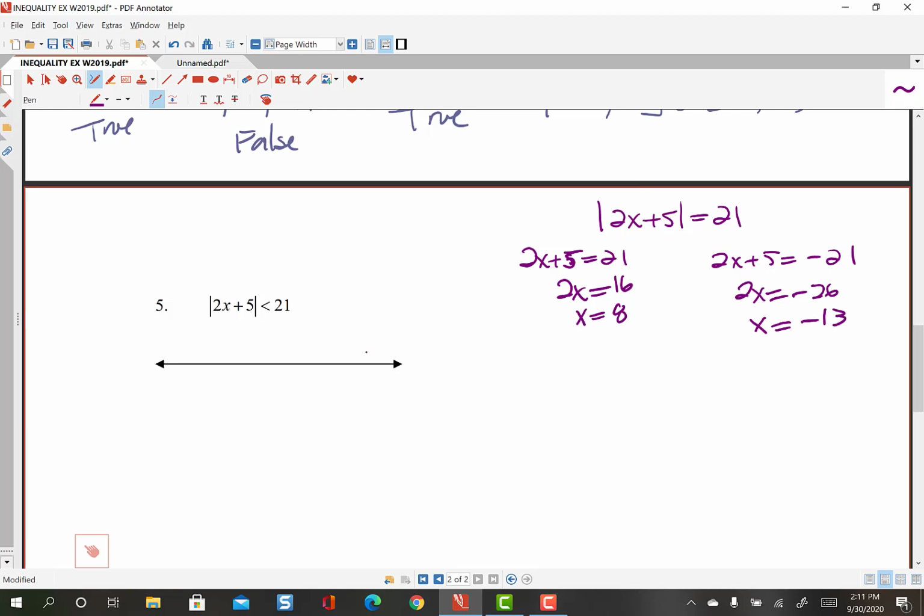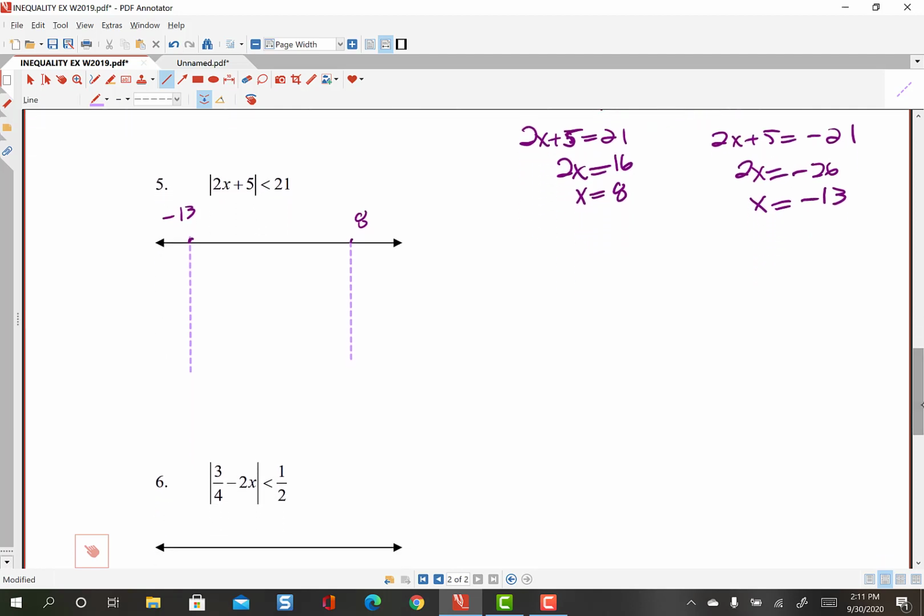Same method here. So I'm going to mark off 8. Here is negative 13. Remember, you want things in numerical order here. So let's see here. Kind of use some of our fancy colors here. All right, so again, we just want to select some value, doesn't matter what it is, within the interval and test it in the inequality.